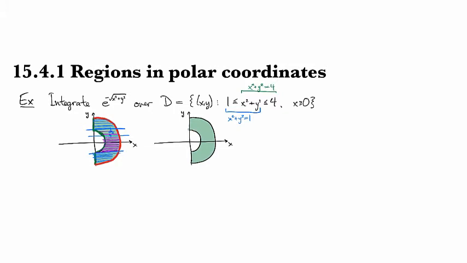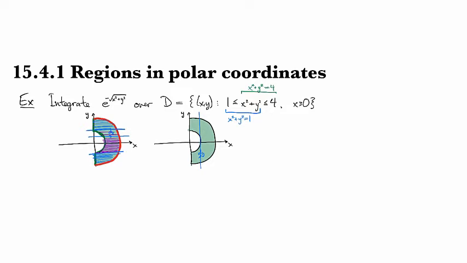Now what if I did things the other way, going vertically, so we do the dy first? Well, it's not much better.